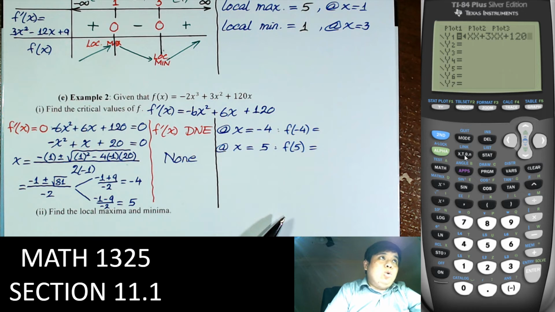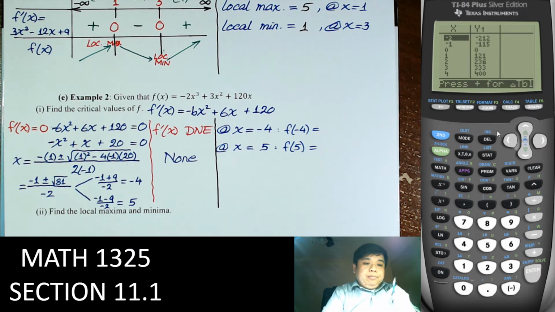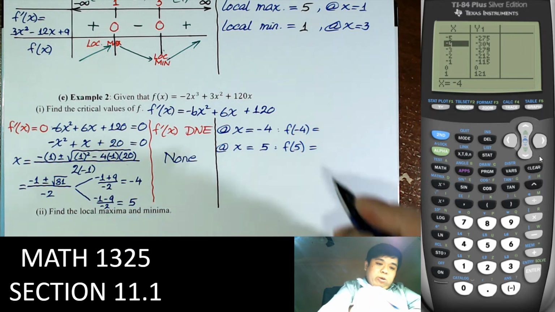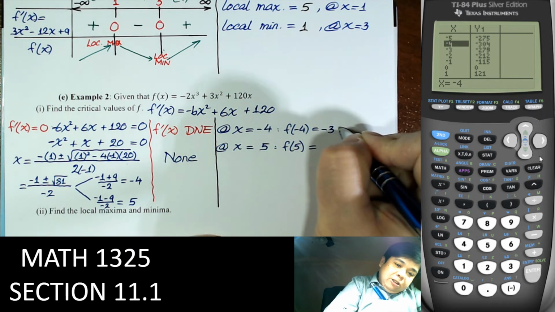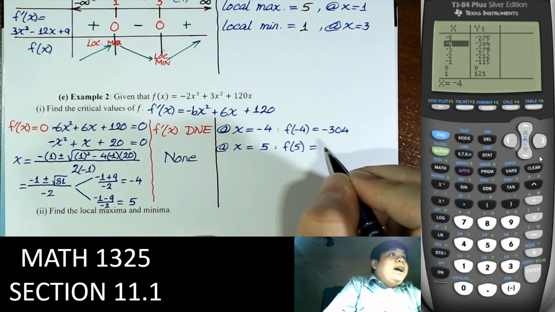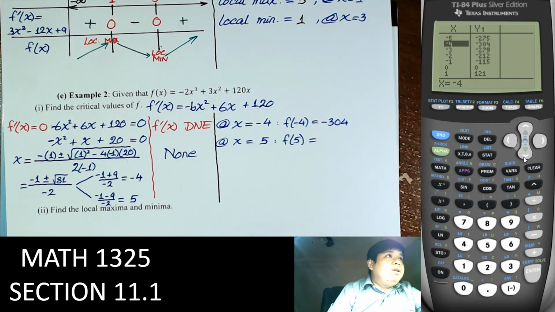Remember the original function. When we check for the domain, right, go to the table, go to negative 4, negative 304. And then go to 5. It's 425.